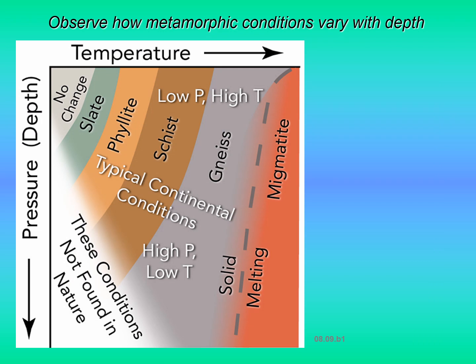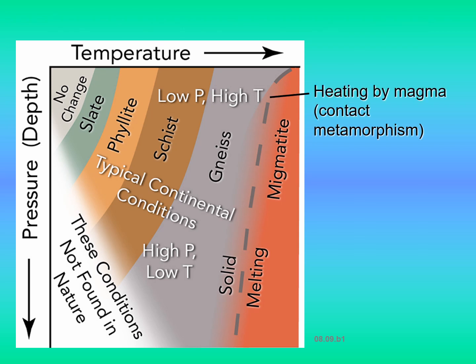So here's a phase diagram. Geologists love phase diagrams. This is how rocks or minerals change over different temperature and pressure parameters. And if you look up here at the top, if we have country rock, let's say a sedimentary rock, or an igneous rock, or even another metamorphic rock, that's being heated by just the contact metamorphism from a magma chamber, you'll see that at low temperatures and pressures, we have no change, which we would expect.